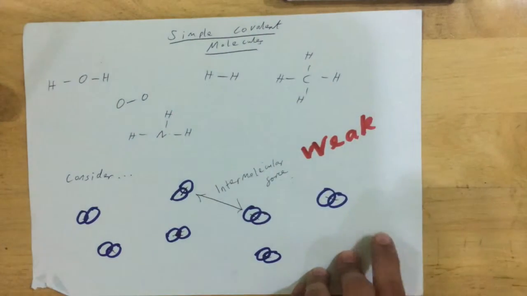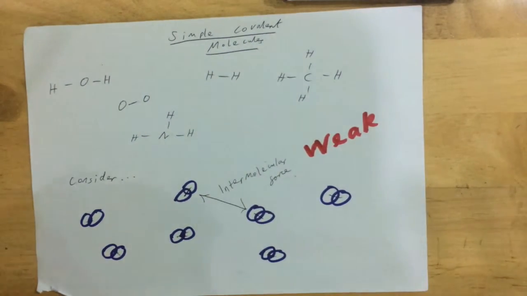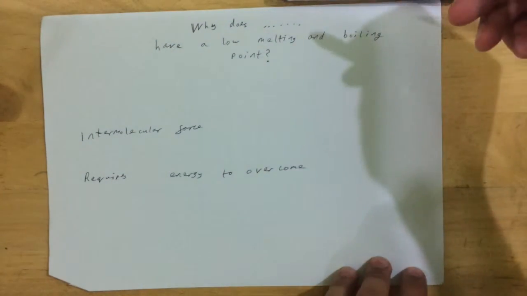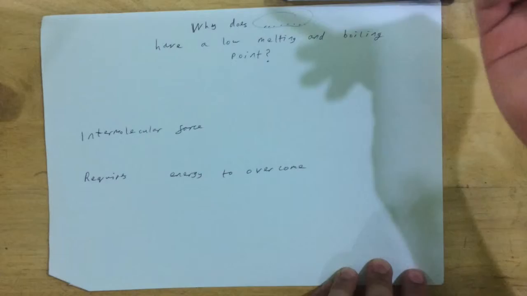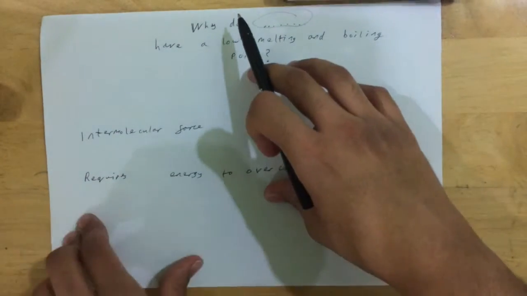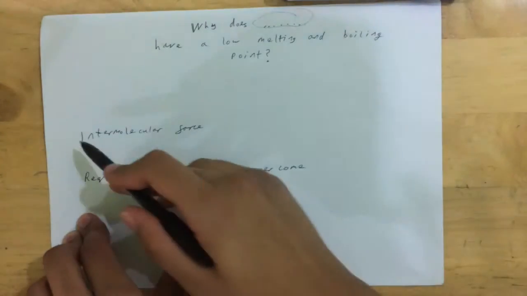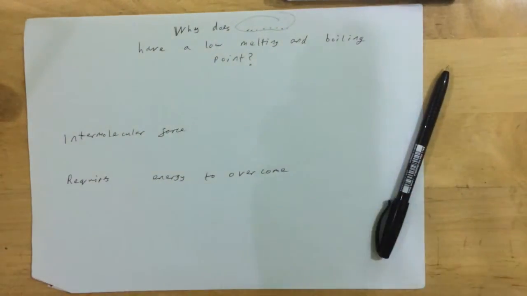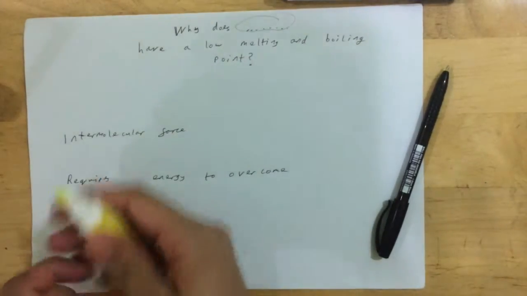So if we look at a very common question, why does blah blah blah have a low melting and boiling point? Considering this is a simple covalent molecule, like a hydrogen molecule or a water molecule, it's all to do with the intermolecular force of attraction, nothing else.